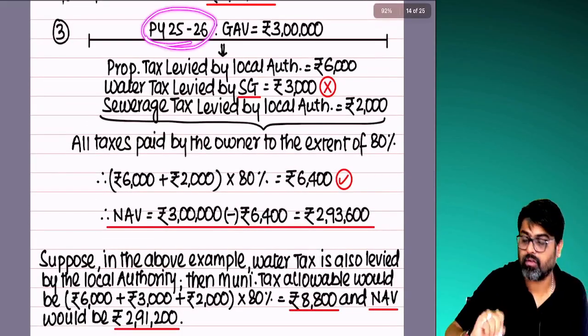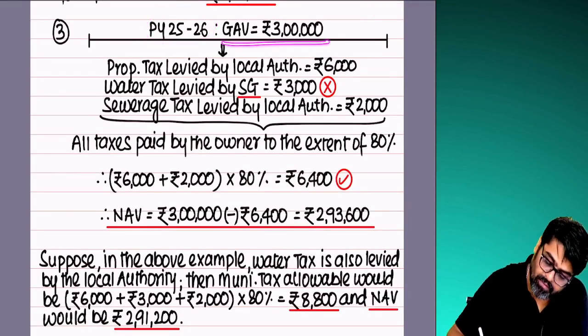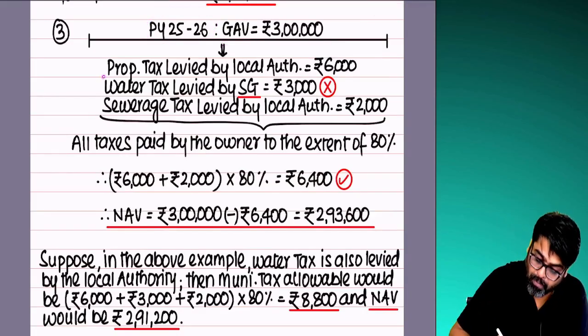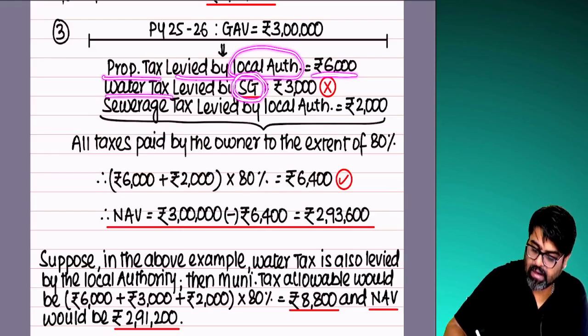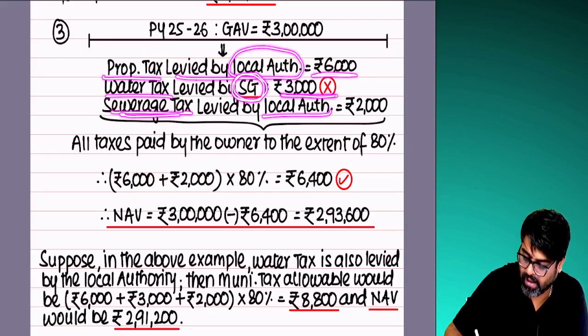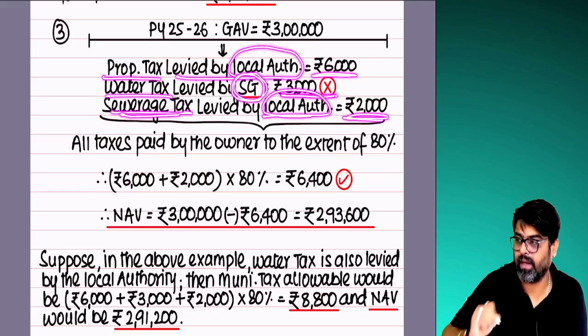What is your previous year? GAV is given. Property tax levied, amounting to 6,000. Water tax levied, amounting to rupees. Sewerage tax levied, amounting to rupees.